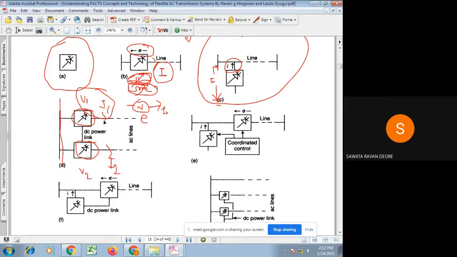Now, when these series controllers are operated in a coordinated manner, why do we need to operate them in coordination? Because if you see, it is a single bus where both the transmission lines are connected. So any flow control through one transmission line is automatically going to alter the flow of the other transmission line.